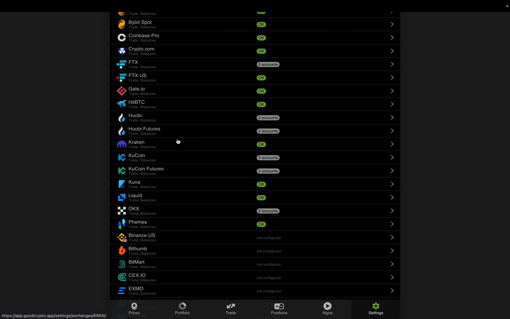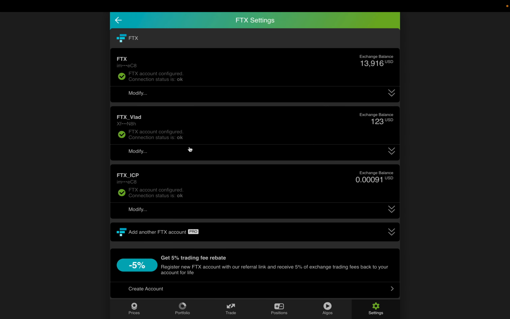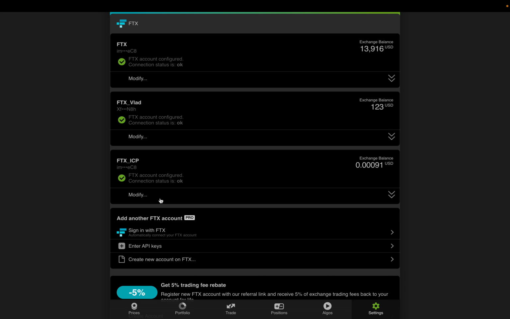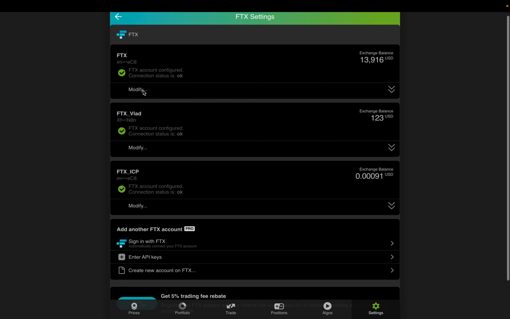Here is the thing that I wanted to show you on FTX. If you are using FTX, we also have a real treat for you. We now support, I think we're only the second application on the market that supports this, connecting your FTX account without issuing an API key manually and adding it to us. You can use the sign in with FTX option.